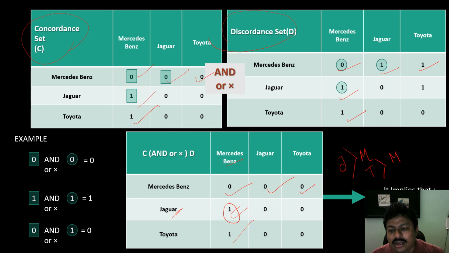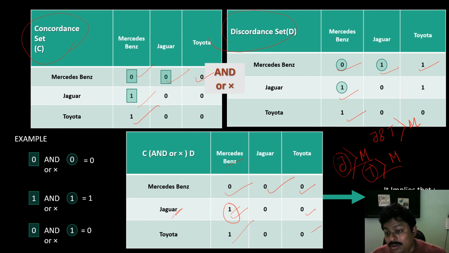Now the question arises, Jaguar is more important than Mercedes, Toyota is more important than Mercedes. What about Jaguar and Toyota? Because when I compare Jaguar and Toyota, for both the cases 0 has come. So this can be concluded that both Jaguar and Toyota are more important than Mercedes.